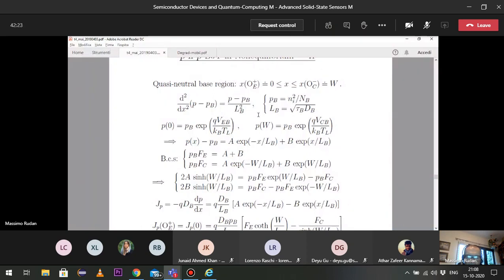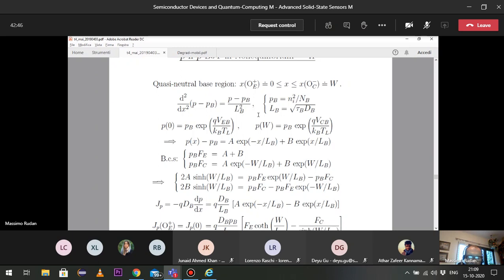You see immediately that the ratio W over LB is important. In conclusion, the boundary conditions provide two algebraic equations in the unknowns A and B. It's just a 2x2 algebraic system to be solved.